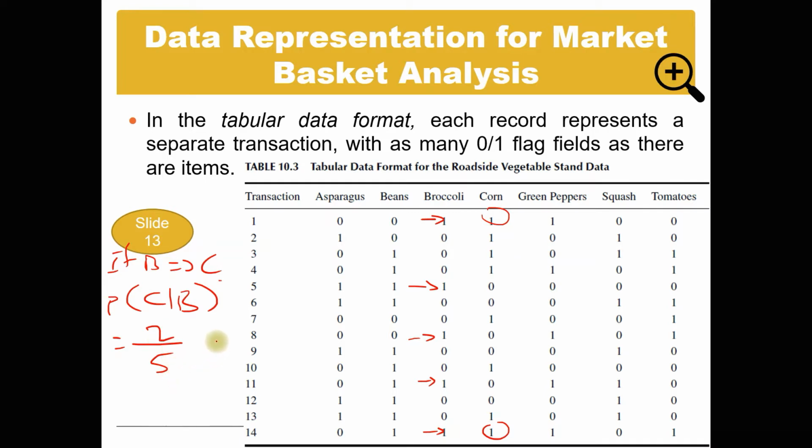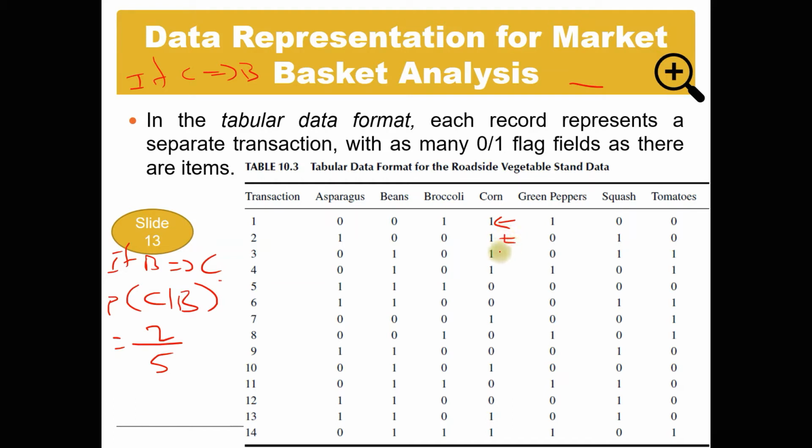Now note something, that if you change the rule as if C then B, that is, if I buy corn, then buy broccoli, already know that the confidence is going to be different. It's not going to be 2 out of 5. Even though the support is going to be the same, the confidence is going to be different because now you're looking at those who buy corn, and then out of those who buy corn, how many bought broccoli?